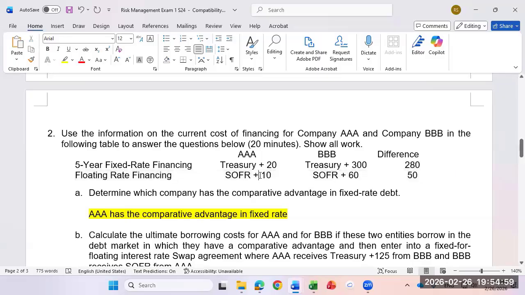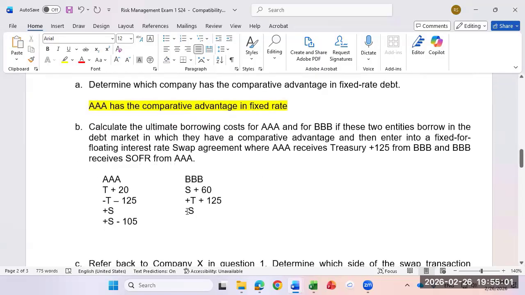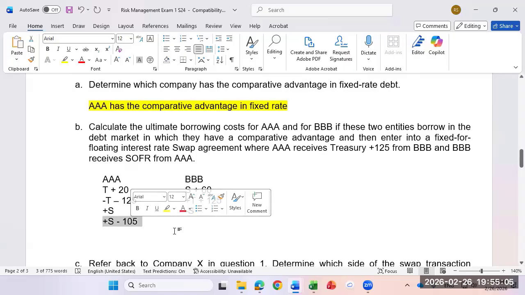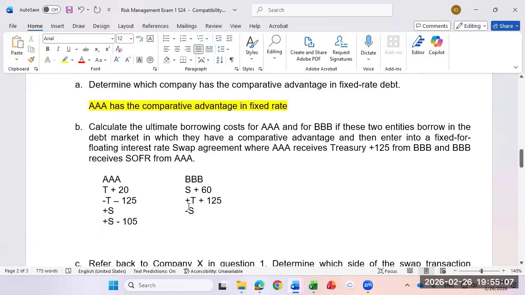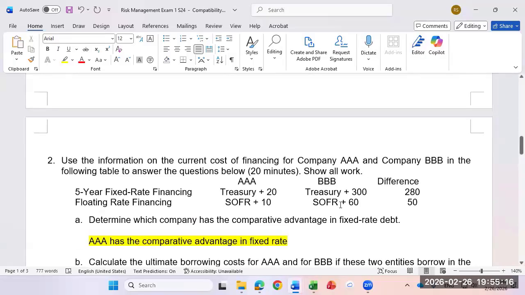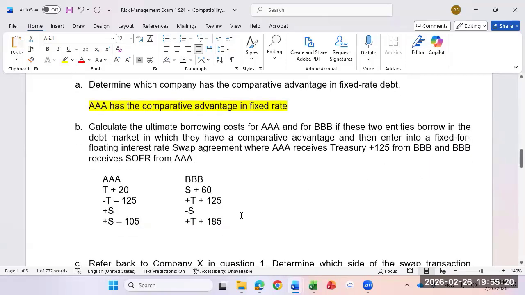What's 10 minus 115? Minus 105. What do we get here? Plus S minus 105. Here, the S's cancel out, so we get plus T plus 185. What was it before? T plus 300. 300 minus 15 is what? 185, right?